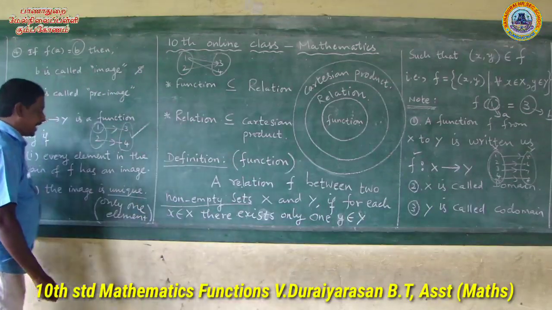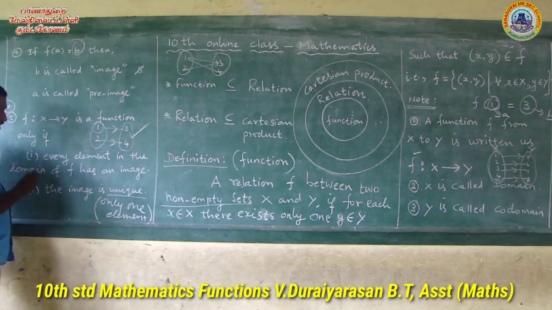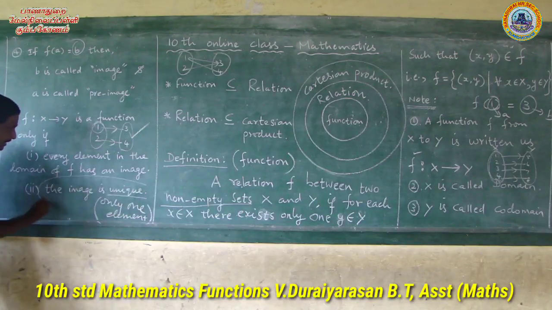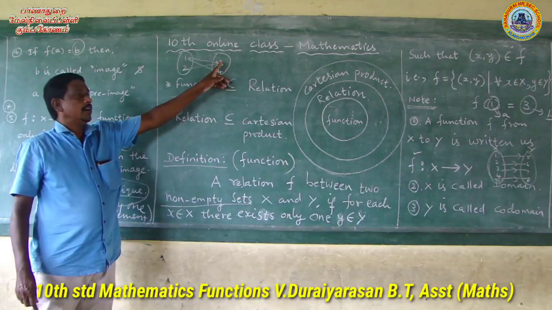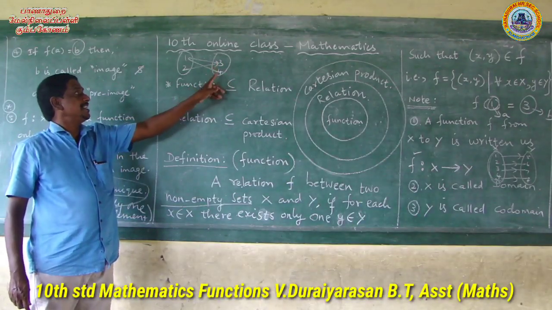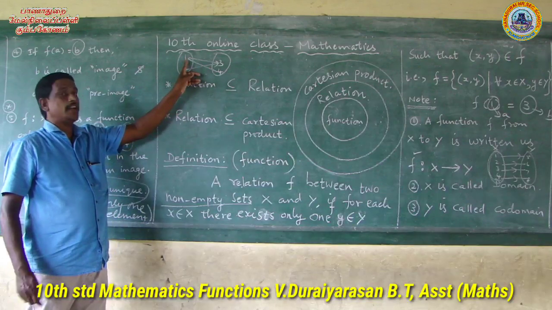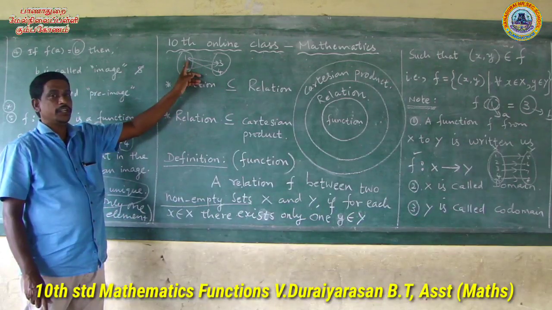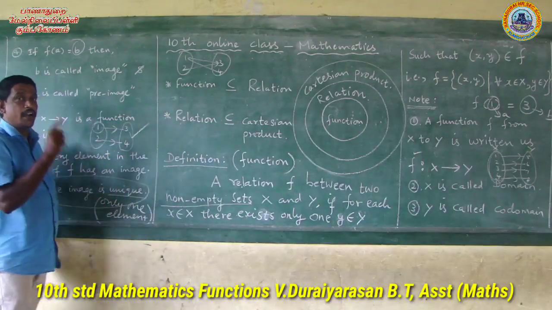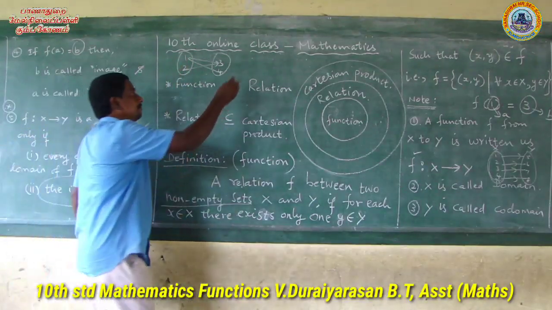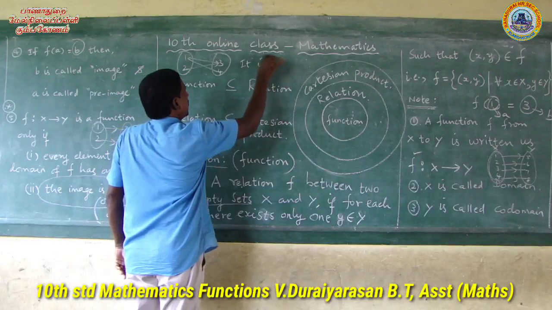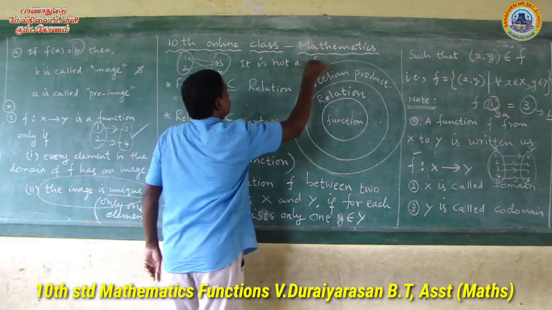What is the condition of a function? The image is unique. Here, 2 images are the image of the pre-image 1. So this condition is not satisfied. So the given arrow diagram is not a function.